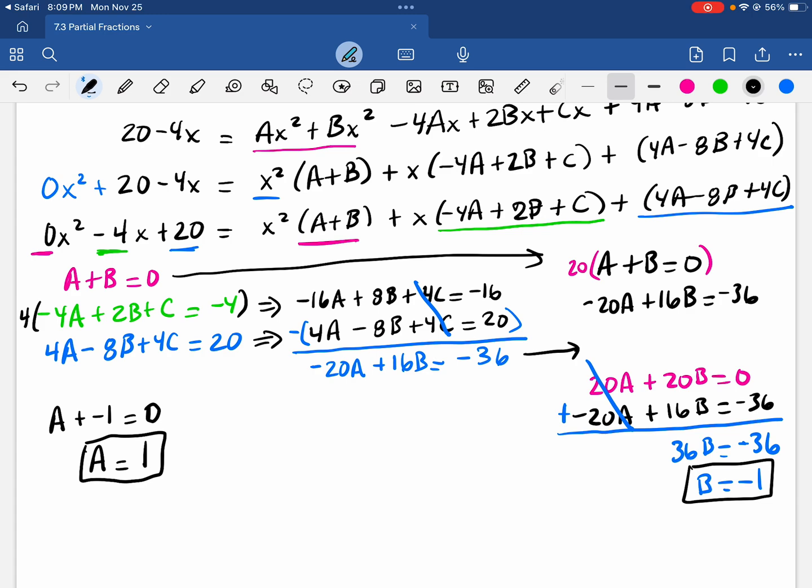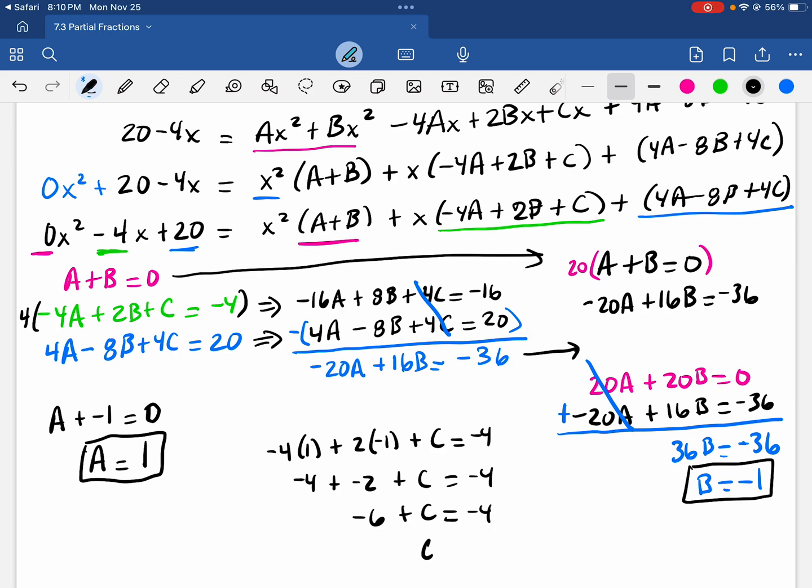I think I'm going to take that middle one. So I'm plugging in a 1 for a and negative 1 for b. So that's going to be negative 4 plus negative 2 plus c equals negative 4. That gives me negative 6. I add 6 to both sides and I get c is 2.